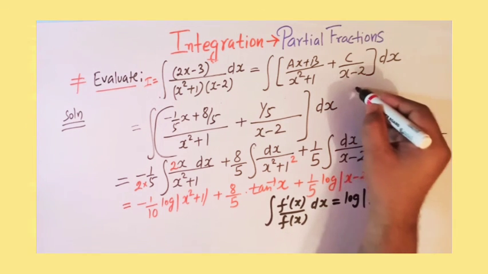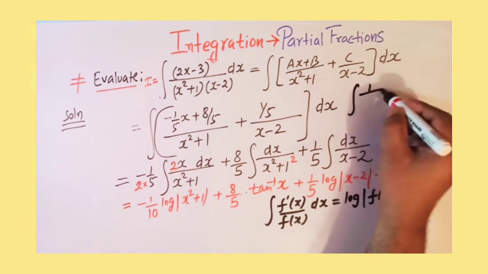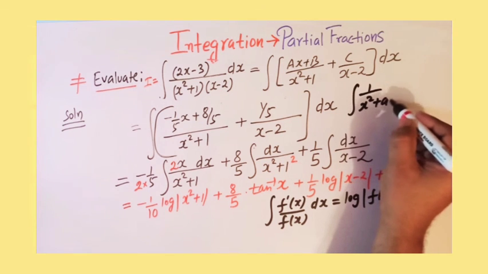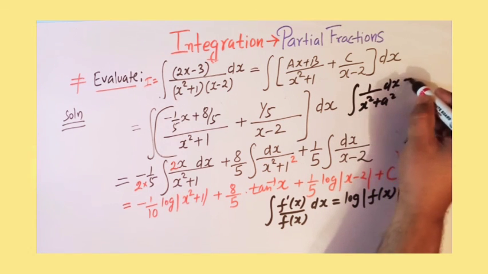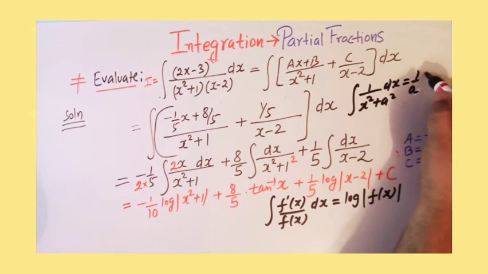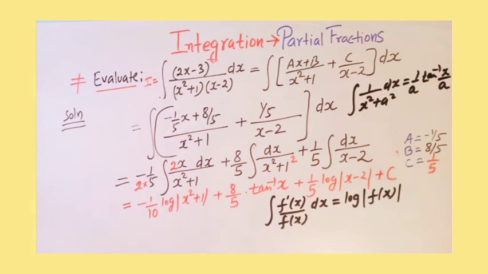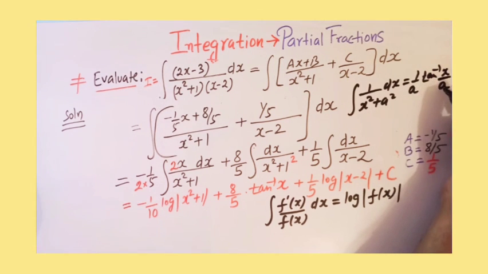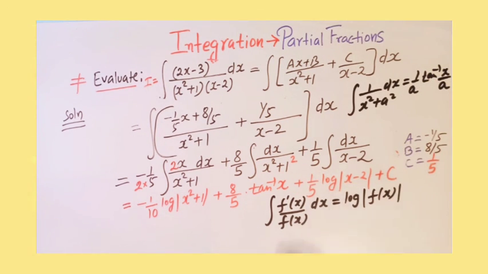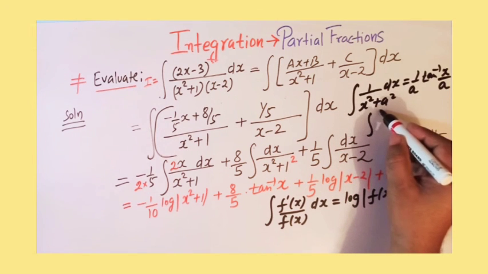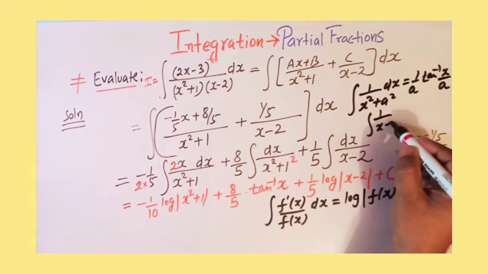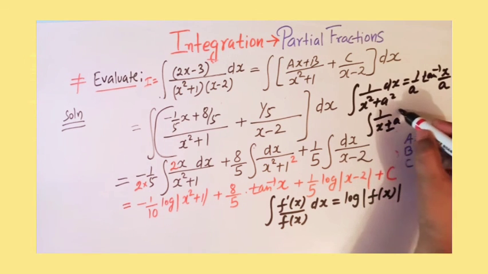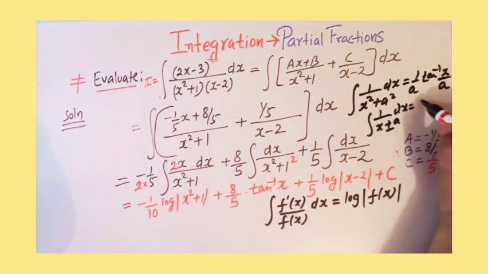And we know that the integral of 1 over x square plus a square is 1 over a times tan inverse x over a. Clear? This is tan inverse x over a, and we also know that the integral of 1 over x plus a or minus a is equal to log of x plus or minus a, right?